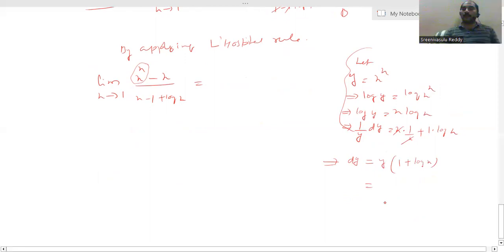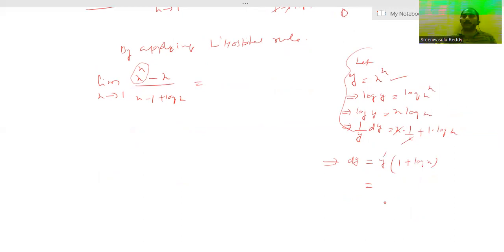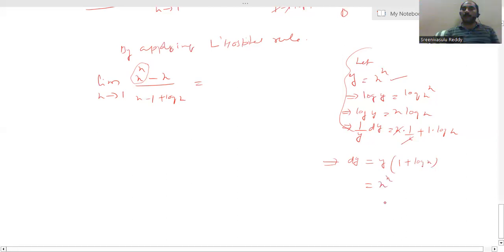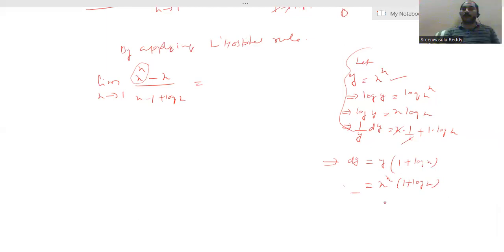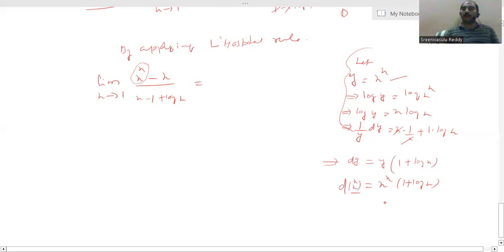What about y value? We assume that y value is x power x. So substitute y value. That means derivative of x power x is x power x into 1 plus log x.